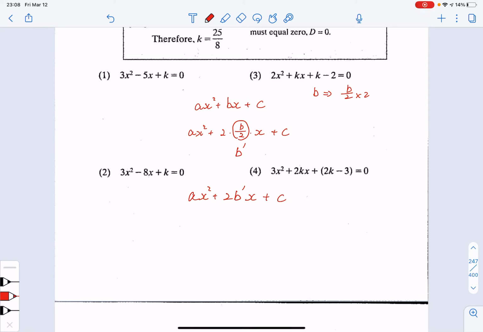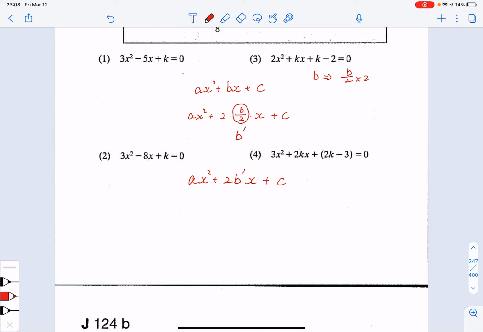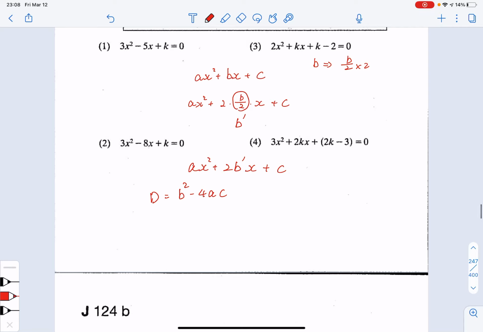The reason why we want to substitute b over 2 with b prime is just for the ease of our operation. Now, if we use the discriminant, which is D equal to b squared minus 4ac, it's not hard for us to say that b squared should be 2b prime to the power of 2, and then minus 4ac.